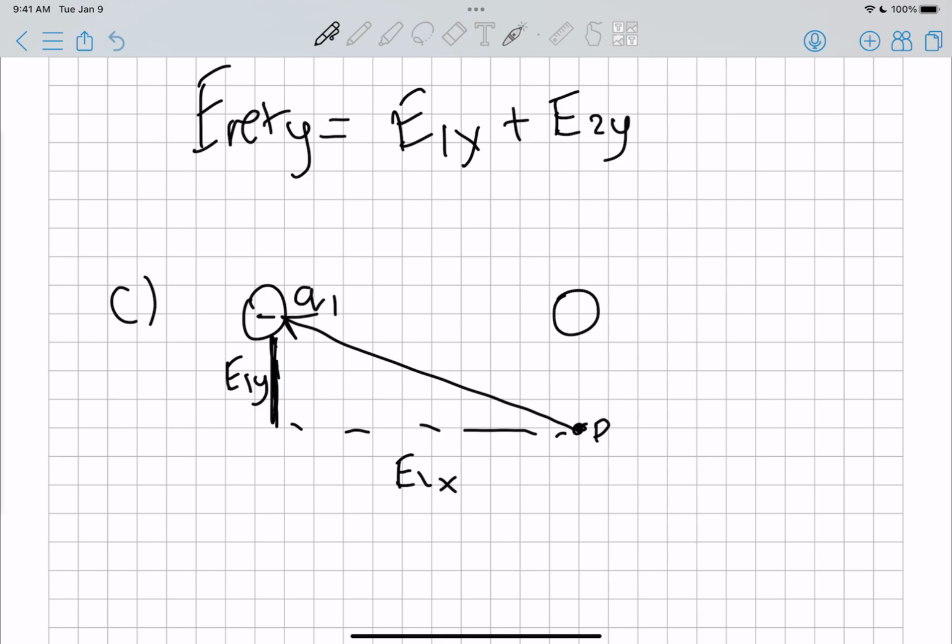Yeah, it has everything to do with the charge on Q. If it was negative, and we're assuming this test charge is positive, how would it react? Then we'd have a double y component.